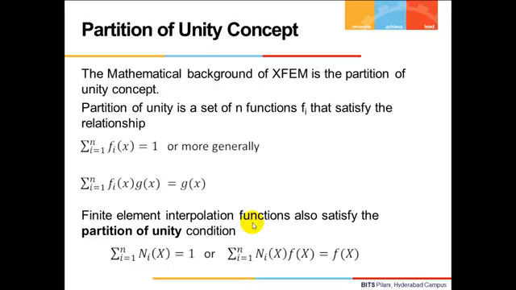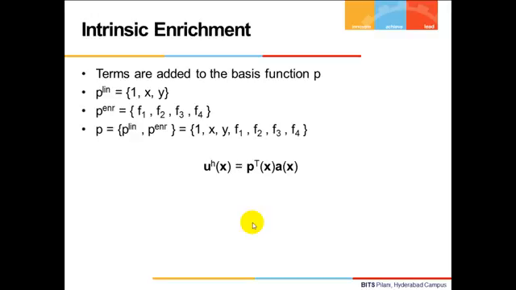So when we use the finite element method, the interpolation functions also satisfy the partition of unity condition, which is sigma i equal to 1 to n, Ni of x is equal to 1, and sigma i equal to 1 to n, Ni of x f of x is equal to f of x.